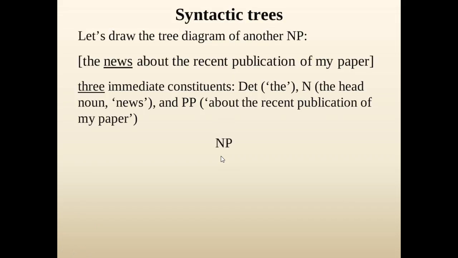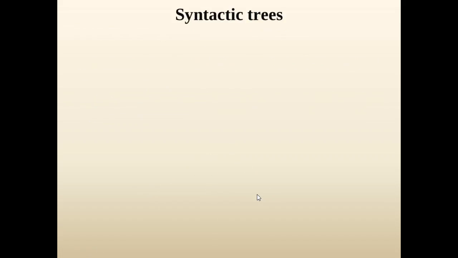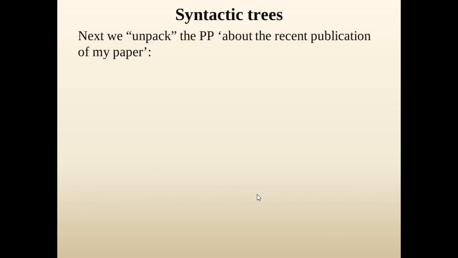This is what we do again. We start with the top node and we link it to its three immediate constituents: the determiner, the head N, and the PP. As before, our next step is to unpack the preposition phrase complement. We proceed in essentially the same way. We identify the immediate constituents of this preposition phrase.